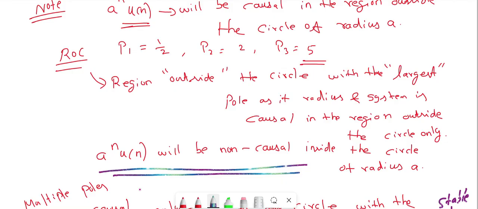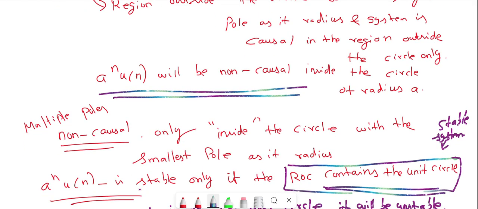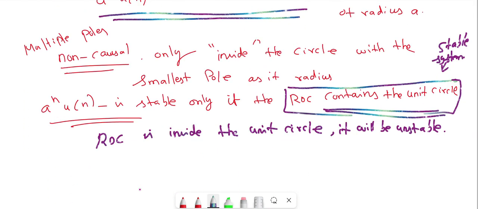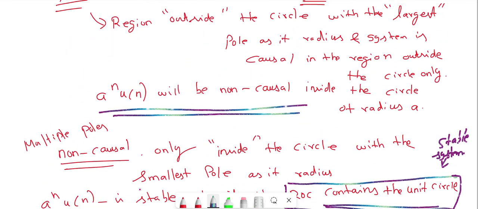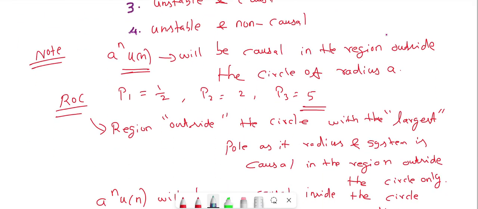It will be non-causal only inside the circle with the smallest pole as its radius. In this system the largest pole is 5 and the smallest pole is 1/2.